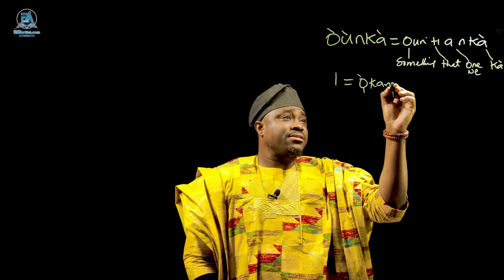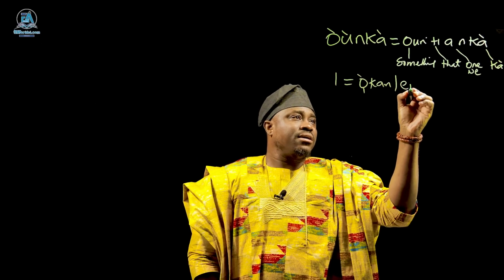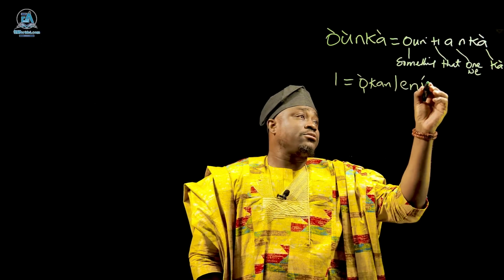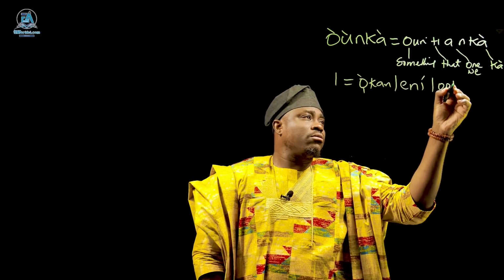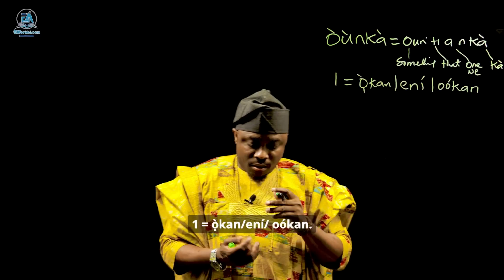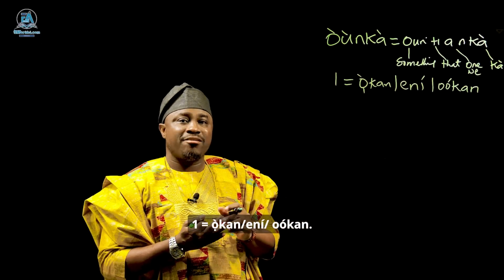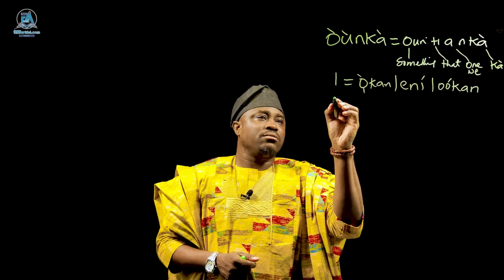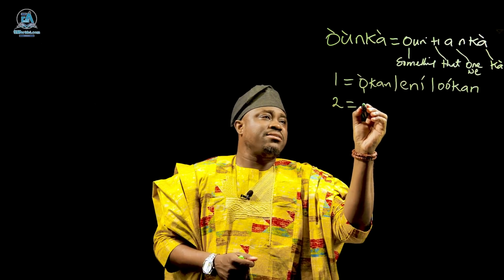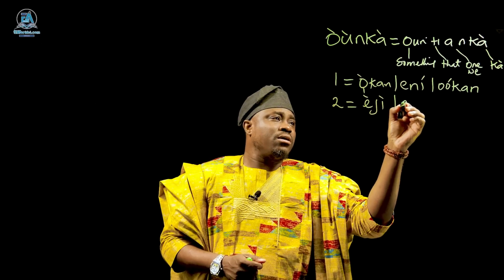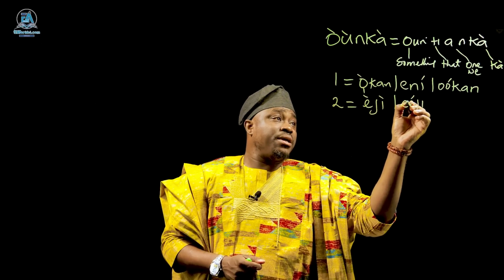Ọ̀kan. It's also ení, rémí. It's also ọ̀kan, rémí, ré. Ọ̀kan, ení, ọ̀kan. You are saying 1. Then 2 is èjì, dodo, or èjì, rémí, do.